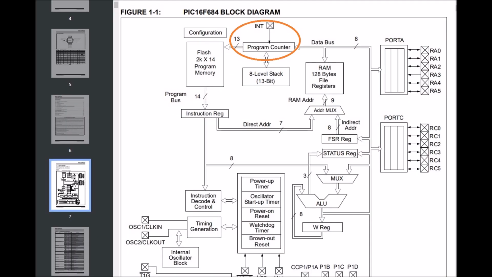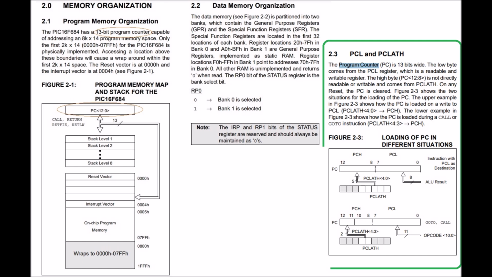Reset behavior. Upon a reset, for example, power on reset, brown out reset, or watchdog timer reset, the PC is set to 0x0000, causing the microcontroller to start executing from the beginning of the program memory. Interrupts.